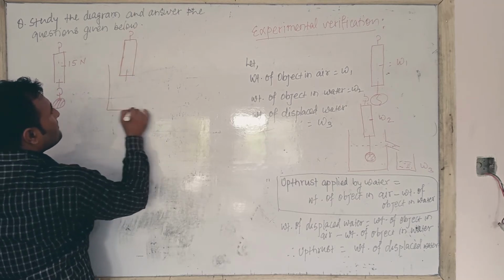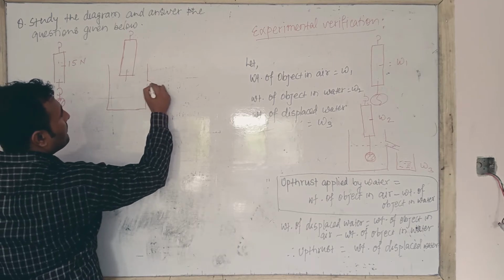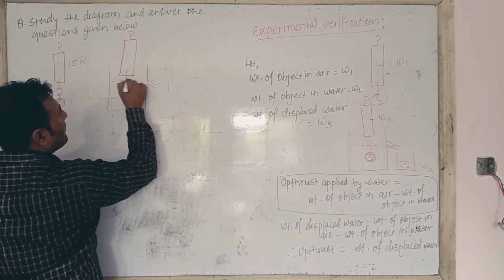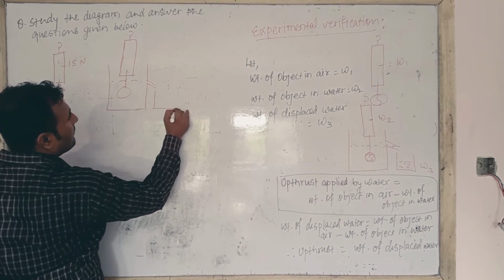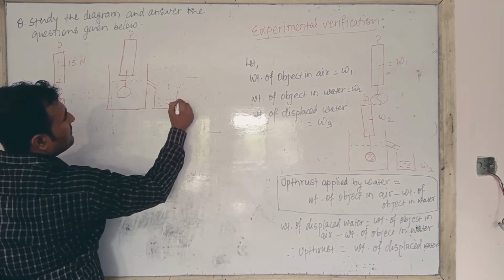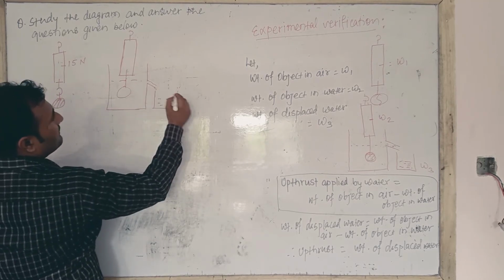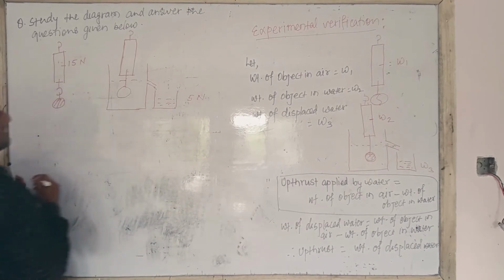And then the object is kept in a Eureka can. And suppose we consider the weight of displaced liquid here is 5 Newton.